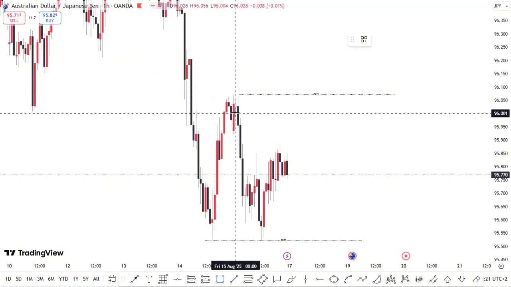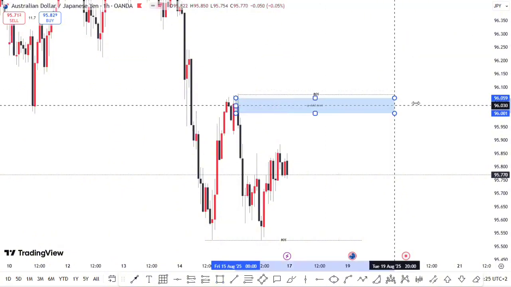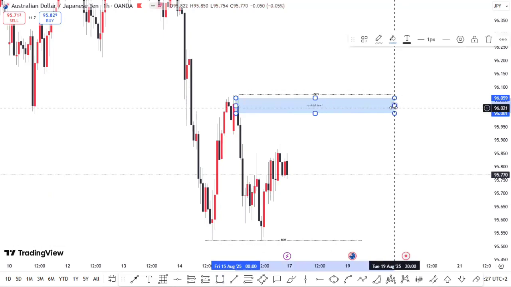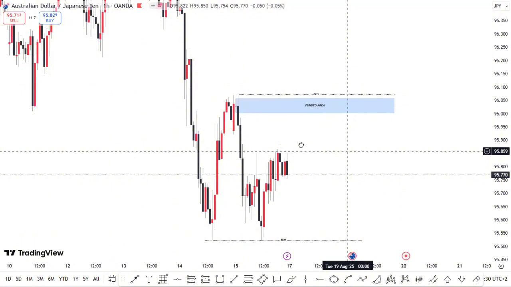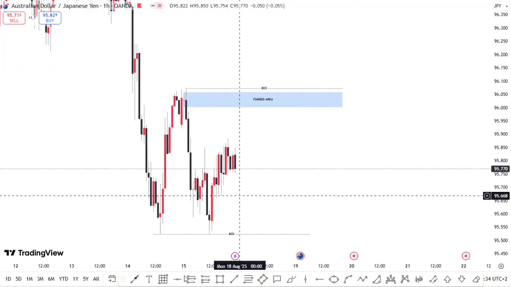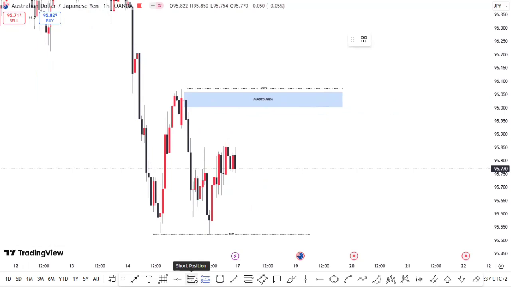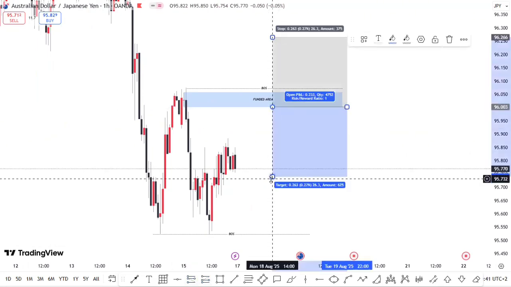Draw my last candlestick there before the correction. Name it as a funded area, because that's where I will be opening my positions. So let me take my short position there, then drag it until there.